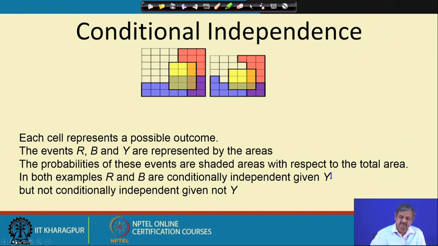I have 3 events, red, blue and yellow, and each cell is a possibility. Whenever the blue event happens, all these blue cells get a color, and likewise for red and for yellow.